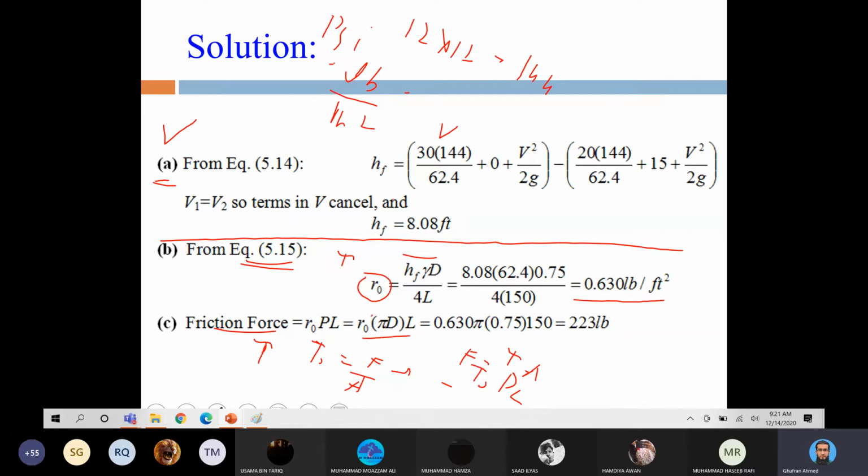P is gamma d, again this is P. After that you will be able to find this frictional force. So three things. The only thing you need to find is HF, and after that just write this HF in the formula of shear stress. Once you have shear stress, just multiply with the area to get the force. Any question? Any question?